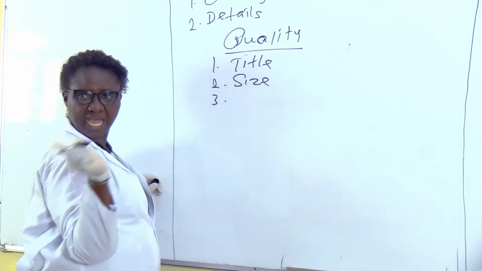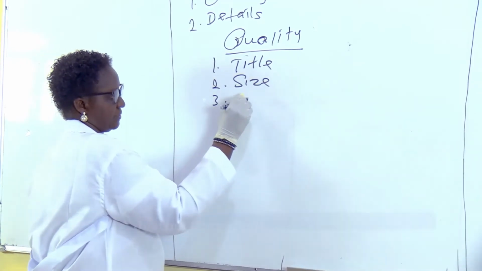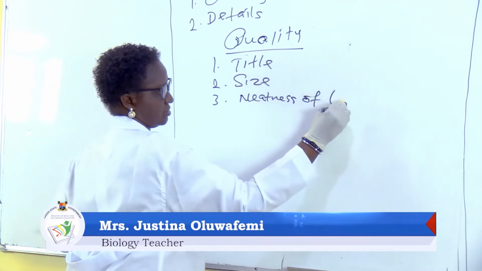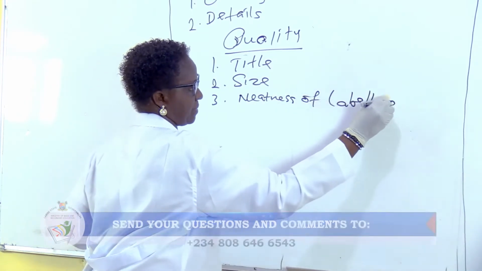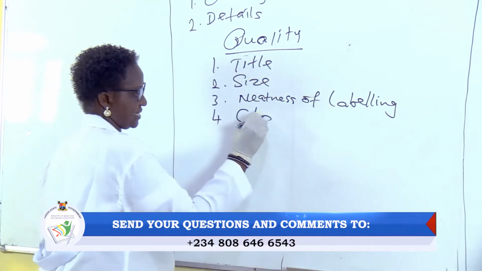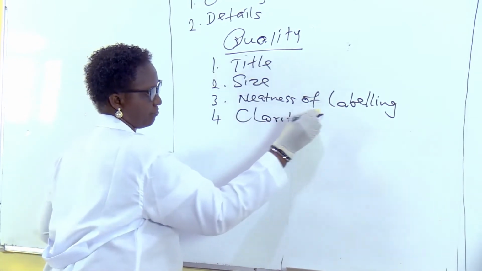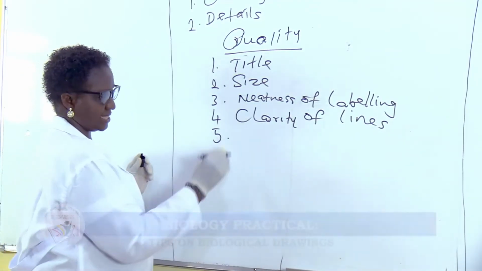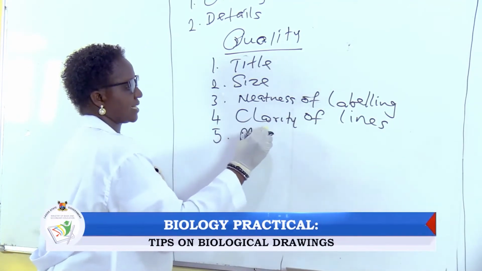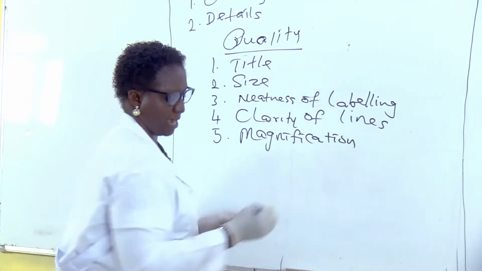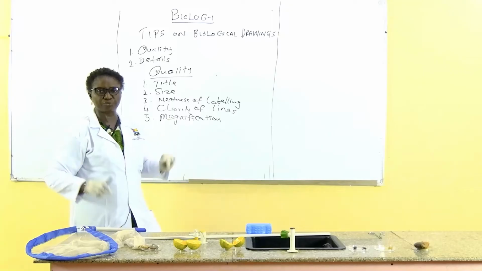Number 3, neatness of label, or put it as labeling. Number 4 is clarity of lines. And number 5 under this is magnification.